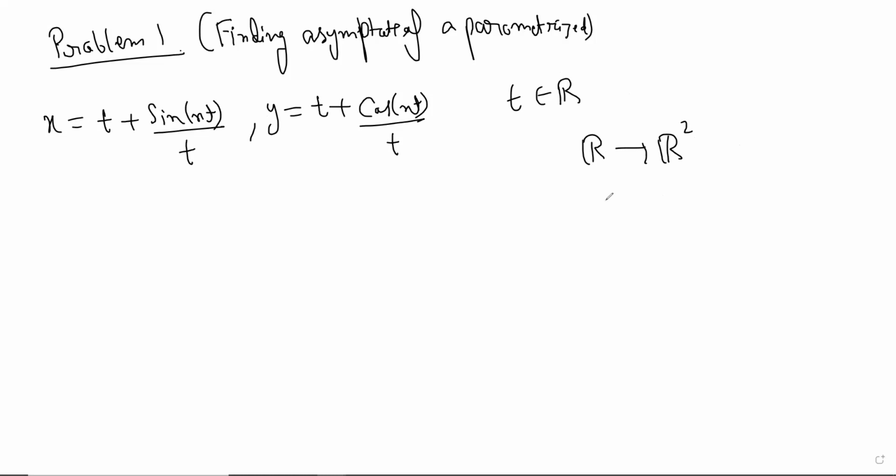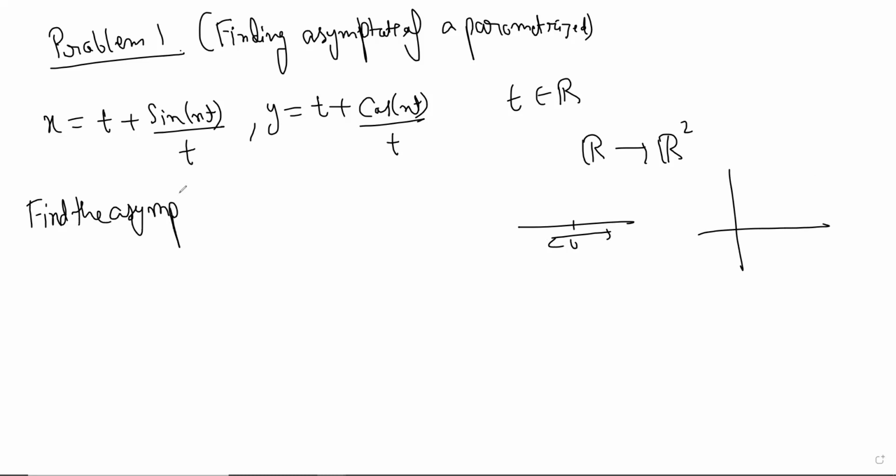So as you change the values on the real line, you will end up plotting something. I don't know what that will be. It's definitely not something like this, but let me not try to plot it because that will maybe give the answer. So find the asymptotes. Note that we have not even defined what asymptote means for this thing, but we all have a rough idea. So let's just try to find it, and then we can have a better idea if needed.